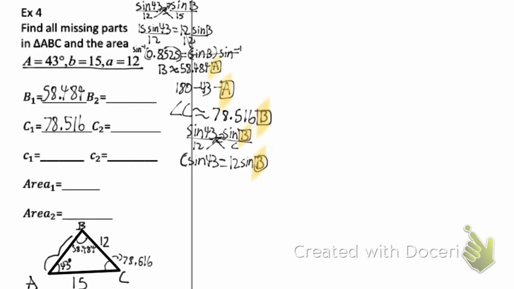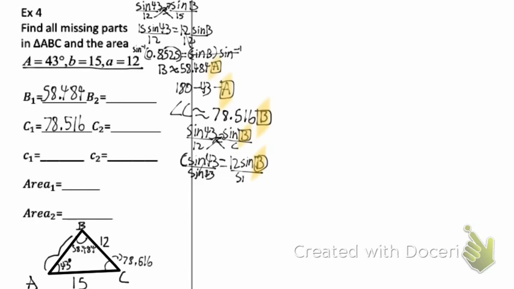Now we're supposed to divide sine 43 from each side, not 12, because we're trying to find what side C is.